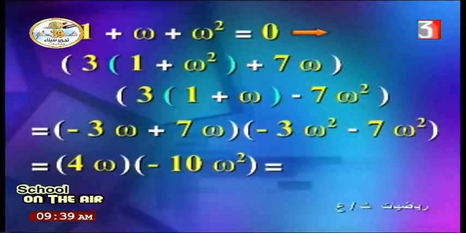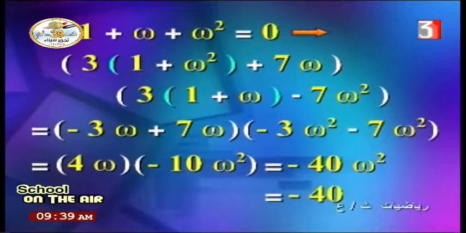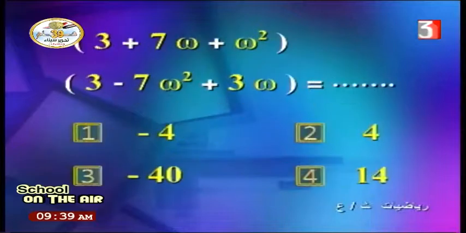Why? Because omega times omega power 2 is omega power 3, and omega power 3 equals 1. Then the correct answer is negative 40.